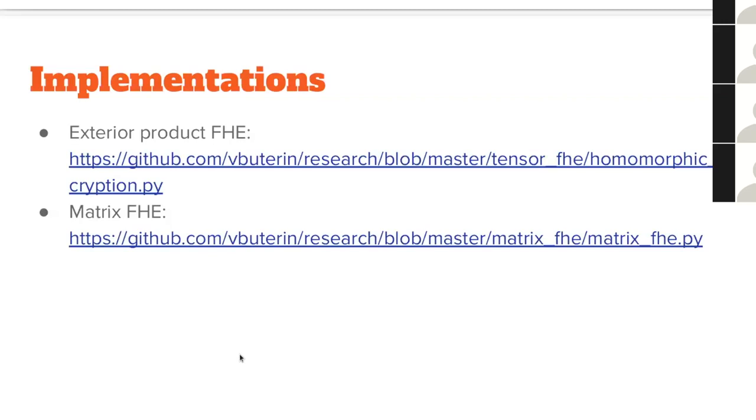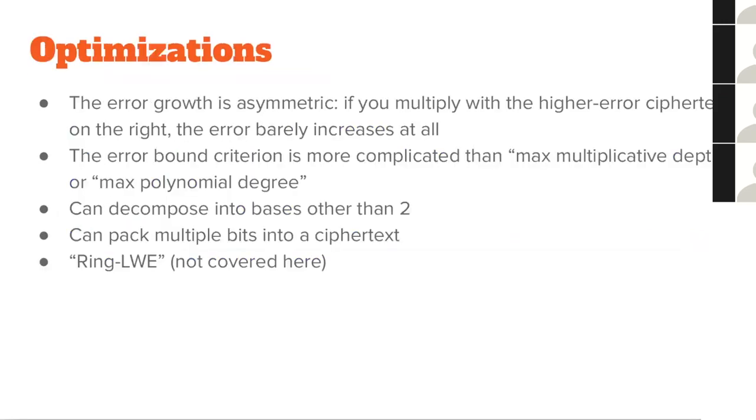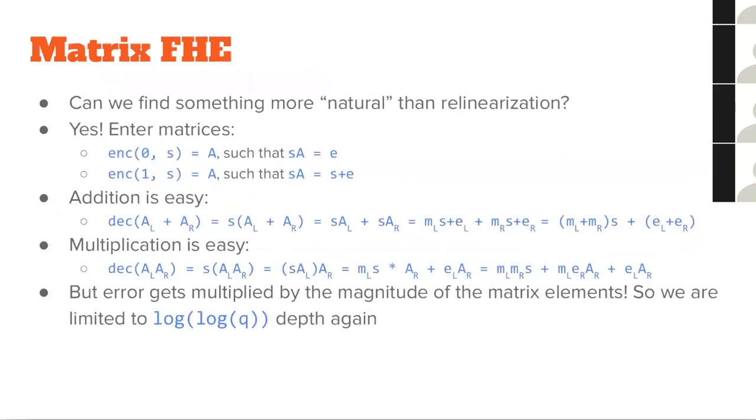One of the challenges is that, first of all, this technique is theoretically compatible with ciphertexts being not just zeros and ones, but arbitrary field elements. The problem is that because you have this ML-ERAR term, if your messages are not zeros and ones, it makes the error blow up quickly.